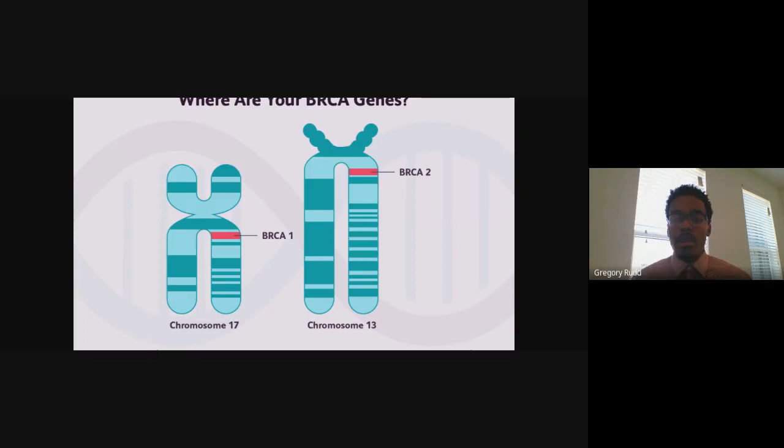But there are plenty of women who do not have the mutation who still develop breast cancer. They might develop it just by chance, or because they've been smokers for their entire life, or because they've been exposed to some amount of radiation.